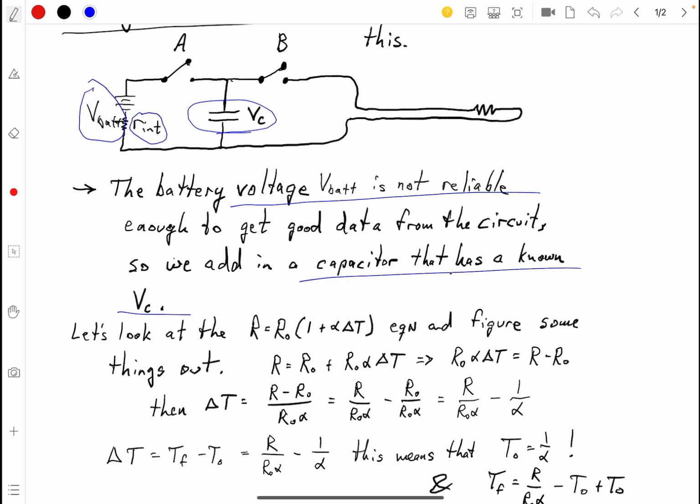So let's look at this equation, and we're going to break it down and figure some things out. We're going to put a little current measuring device right here, so we can measure the current flowing through the wire.